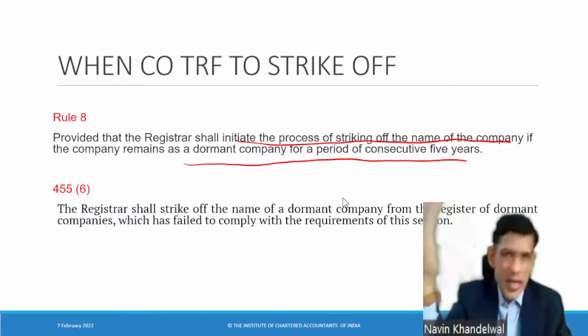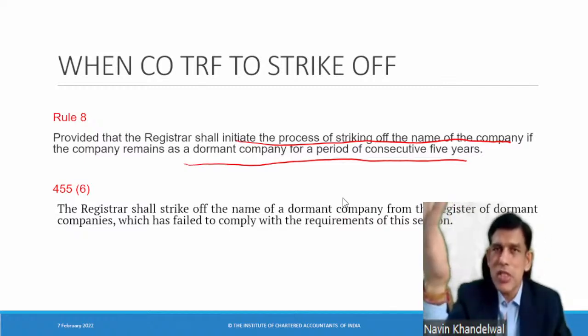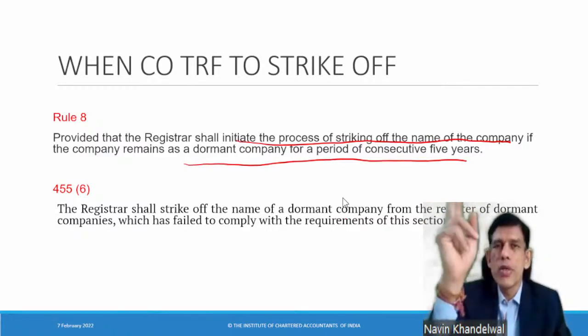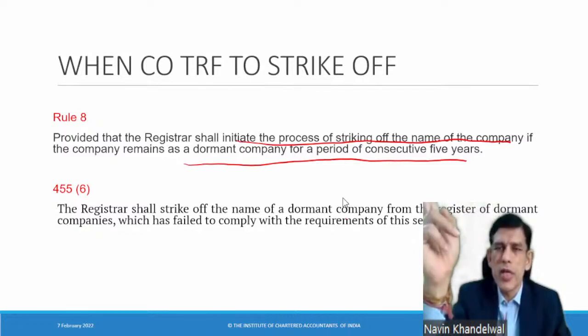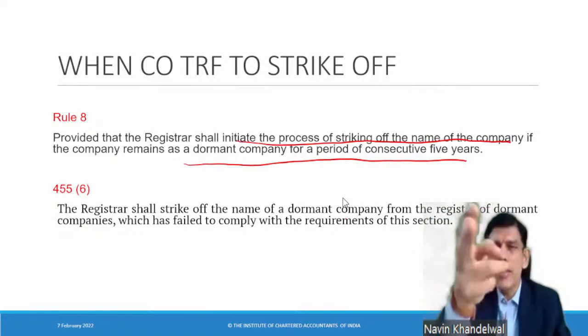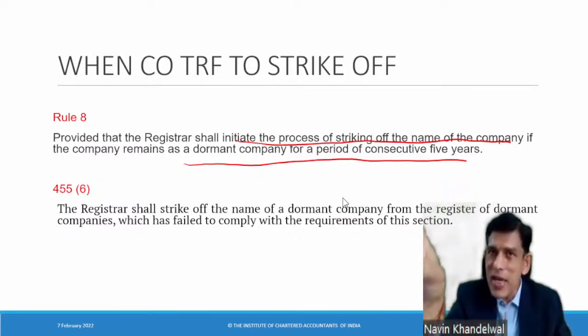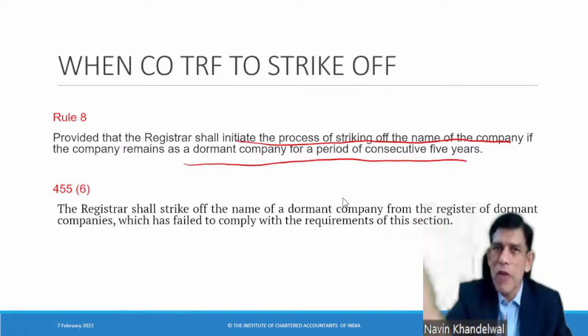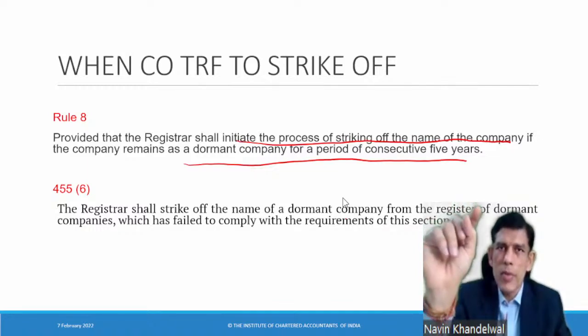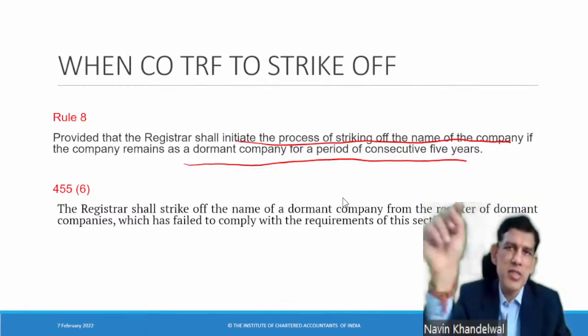And the third is obviously there: for a continuous period of 2 years, if you have not filed, then either dormant or strike off. So here the situation is, after being classified as a dormant company, can your name be striked off? The answer is yes, by virtue of rule number 8 and 455 subsection 6.